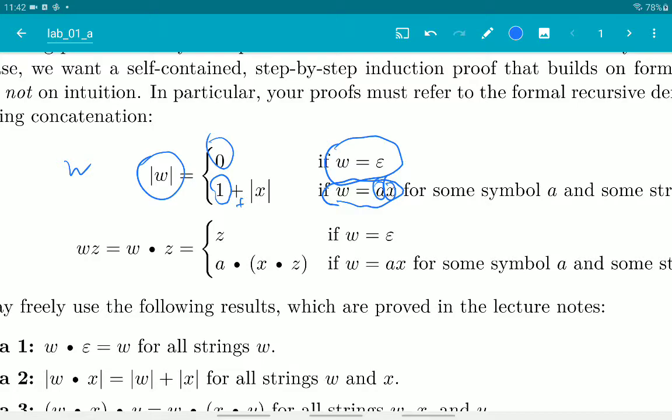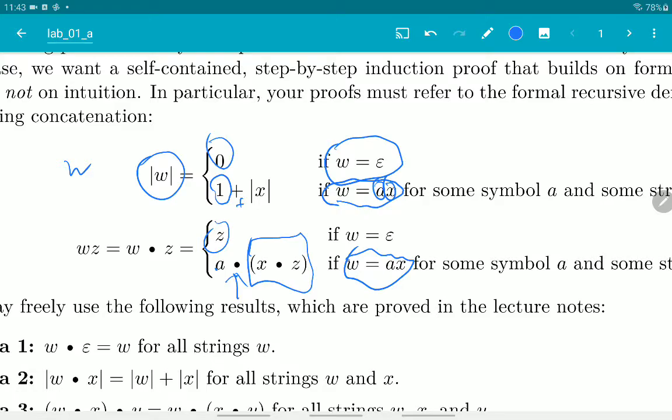Okay, so how do you concatenate a string? Well, if the string W is empty, then the concatenation is just the second string Z. Otherwise, W can be written as AX, where A is a character, and then it's defined as the concatenation of A with the concatenation of X and Z. And this is well defined because here we are concatenating a character to a string, and here we're concatenating two strings that are together shorter.